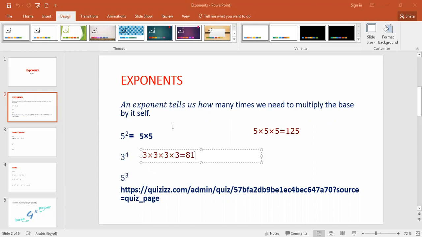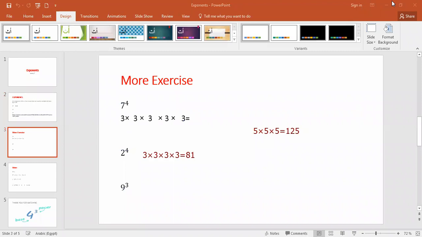Another example. 7 power of 4. It means the base value is repeated how many times? 4 times. So I write 7 times 7 times 7 times 7.